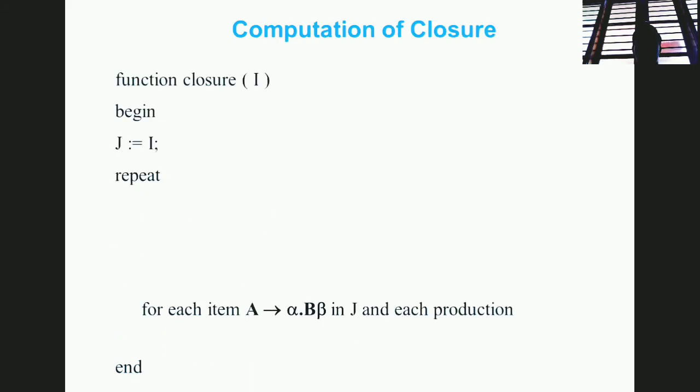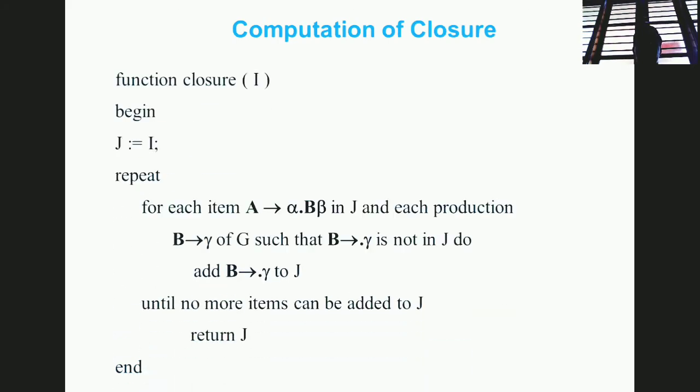So the function looks like this. Function closure of I: begin, J is equal to I, repeat. For each item A tends to alpha dot B beta in J, and each production B tends to gamma of G, that is, if B is a non-terminal symbol, such that B tends to dot gamma is not in J, you add B tends to dot gamma to J, until no more items can be added.